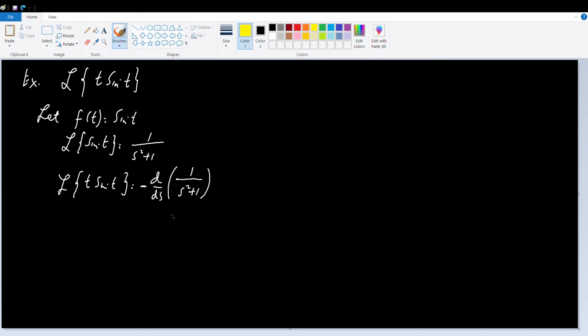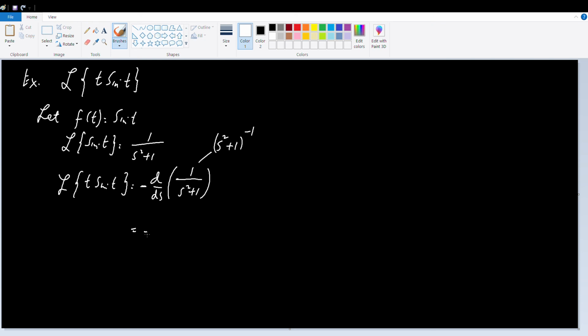So that will give us, we apply the quotient rule in finding the derivative of 1 over s squared plus 1. By the way, that will be the same as s squared plus 1 raised to negative 1.